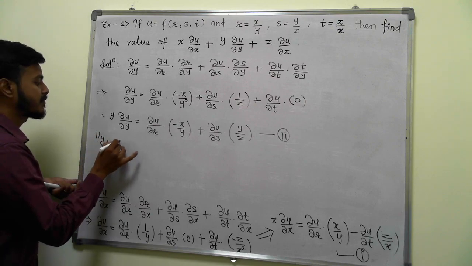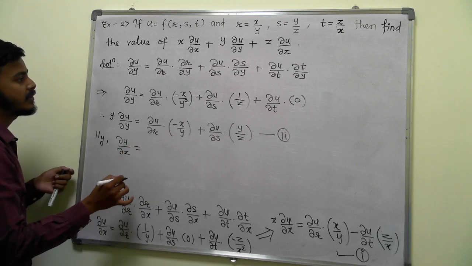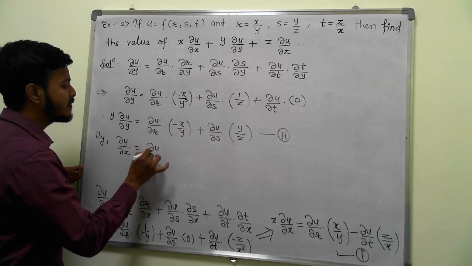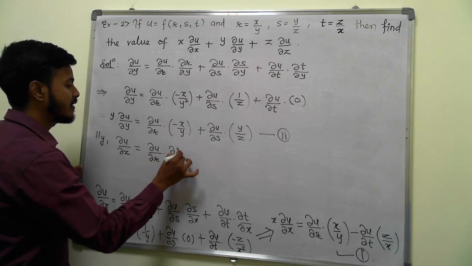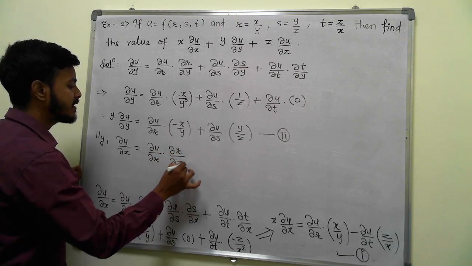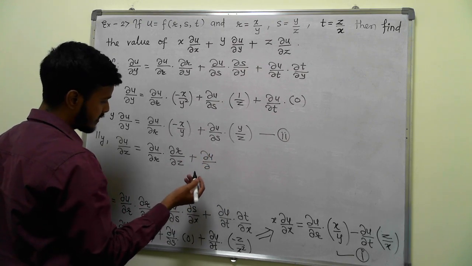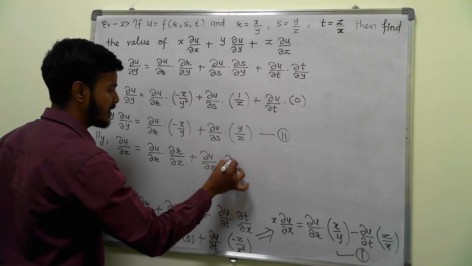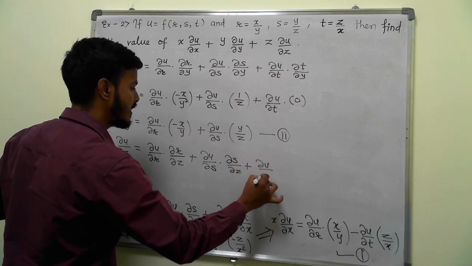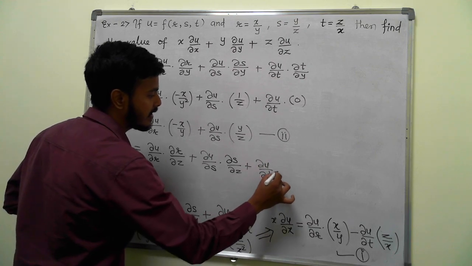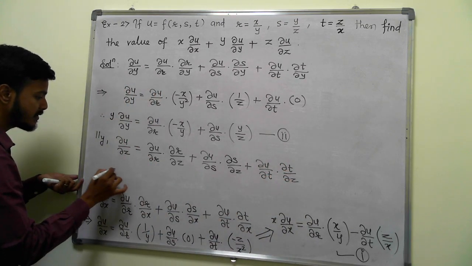Similarly, del u by del z is equal to del u by del r into del r by del z plus del u by del s into del s by del z plus del u by del t into del t by del z. Now you have the values substituted.